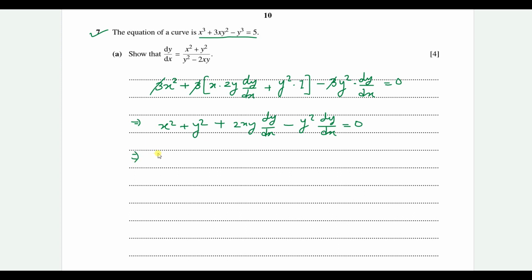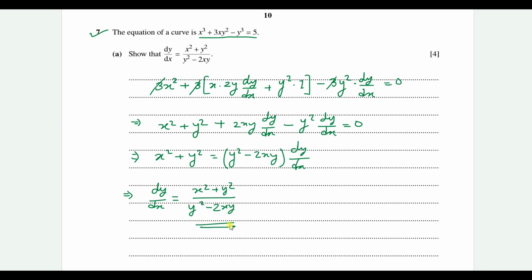So let's transfer the 2xy dy over dx and minus y square dy over dx to the other side. We will get y square minus 2xy times dy over dx. This gives the final answer, and hence dy over dx is equal to x square plus y square over y square minus 2xy.